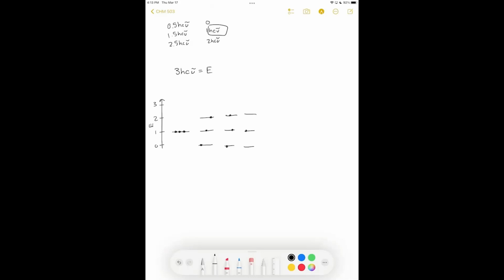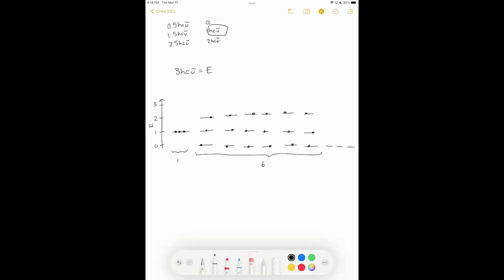We could have 1, 0, 2, 2, 0, 1, because I have these 3 different harmonic oscillators. So I have only 1 microstate that corresponds to the 1, 1, 1, but I have 6 microstates that correspond to having 1 at energy 0, 1 at 1, and 1 at 2.